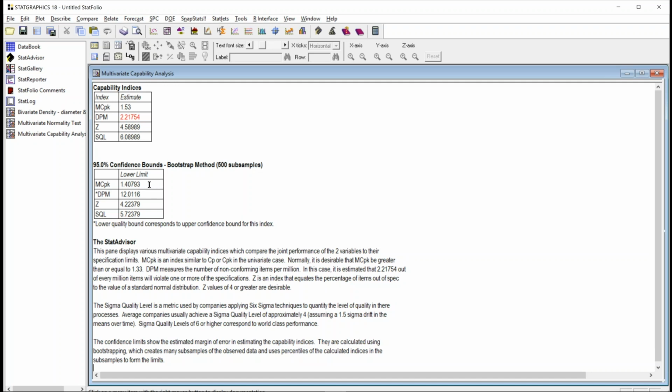I'm 95% confident that MCPK is at least 1.4. I think it's 1.53, but it's at least 1.4. We get a lower bound on the sigma quality level at 5.72, a lower bound on Z-min of 4.22, and an upper bound on defects per million of 12. Best estimate of the defects per million is 2.2.